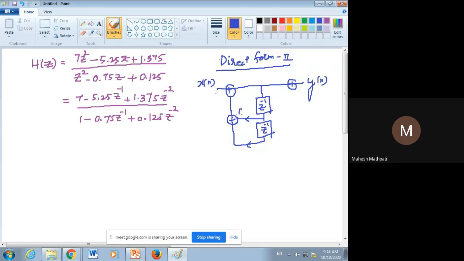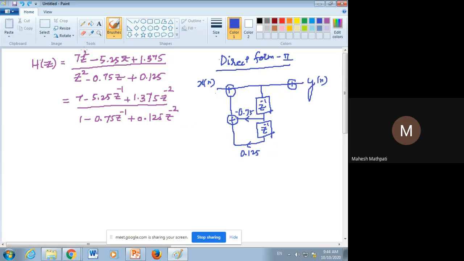The multiplier is minus 0.75, and again minus 0.125. These are the coefficients of the y function, and this is the x function. Don't get confused here again.